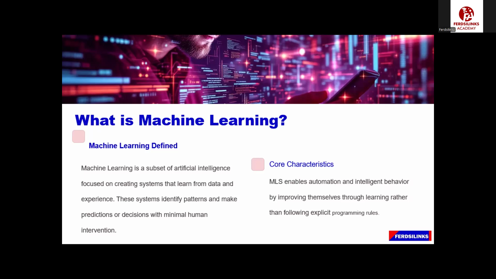So the core thing we note about machine learning is that its major tool is data. You use data to understand how the world works. The computer is able to identify patterns and, from those patterns, make predictions.